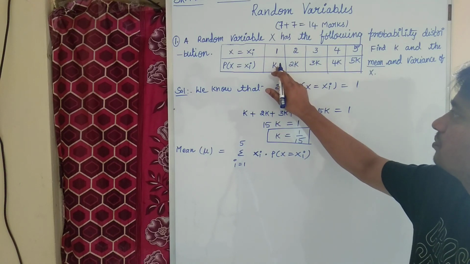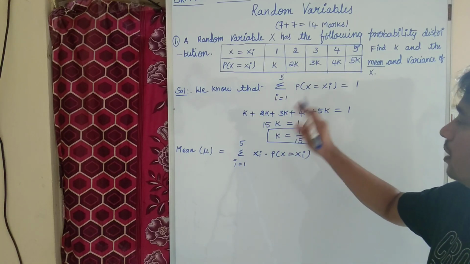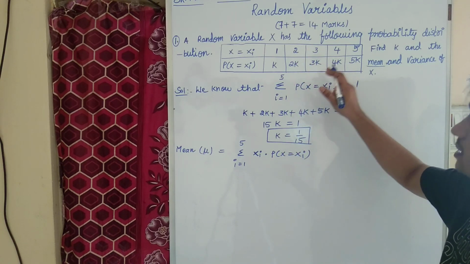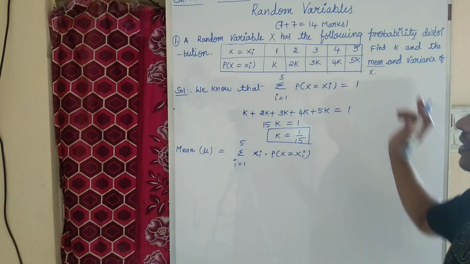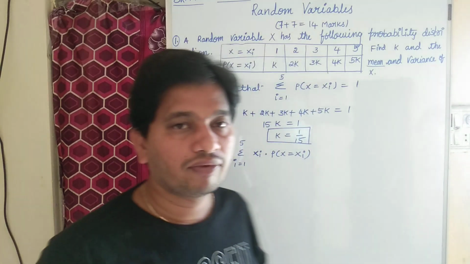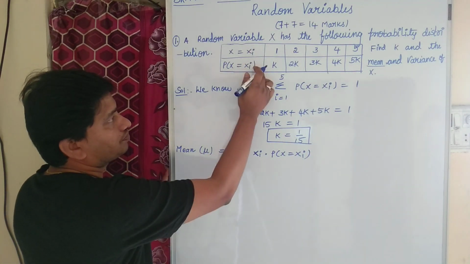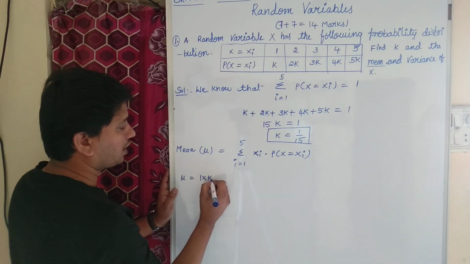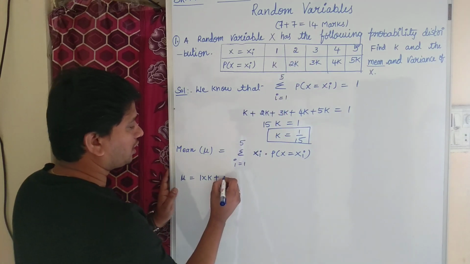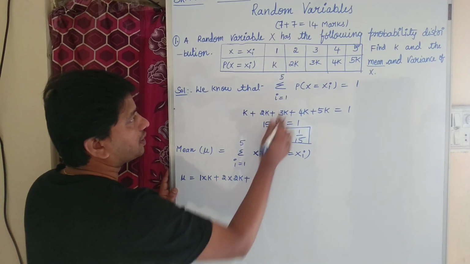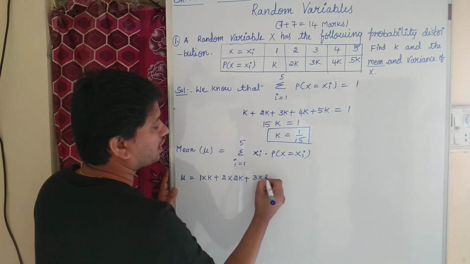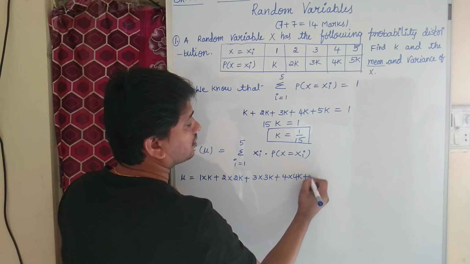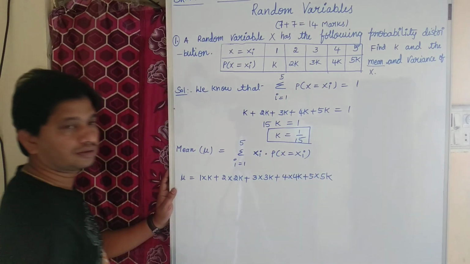We have to multiply these two, 1 into k, and because we have sigma, in between we write plus, then 2 into 2k plus 3 into 3k plus 4 into 4k plus 5 into 5k.